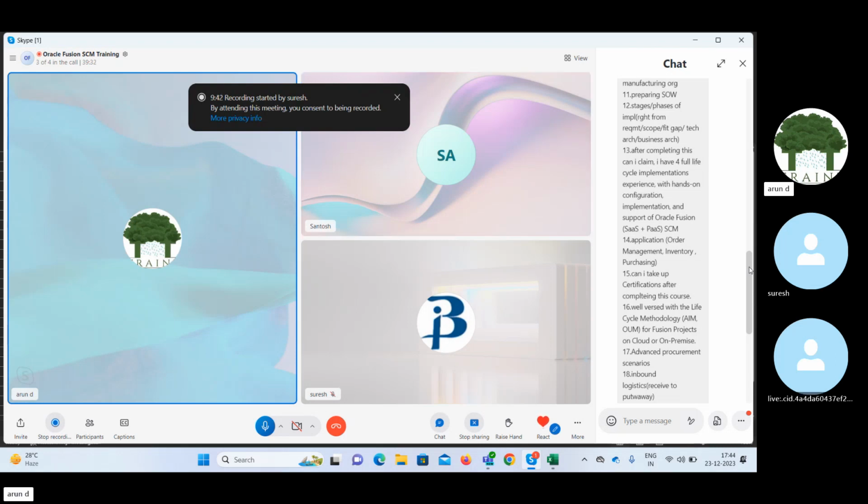Full life cycle, I'm not sure, because it depends on the level that you get. I can tell you that you will be able to answer it, but you can evaluate yourself. After the session, you can anyway ask questions and get them clarified.